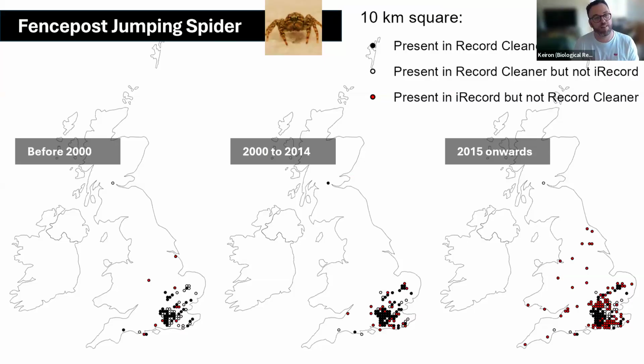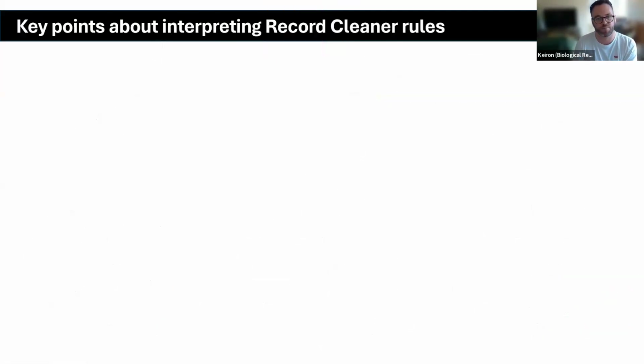But when I put my data into iRecord, it got flagged by the inbuilt Record Cleaner rules as being outside of the range. That's because I was recording it up here where it's new, it's in iRecord, but it's not in Record Cleaner. So yeah, just a friendly warning.